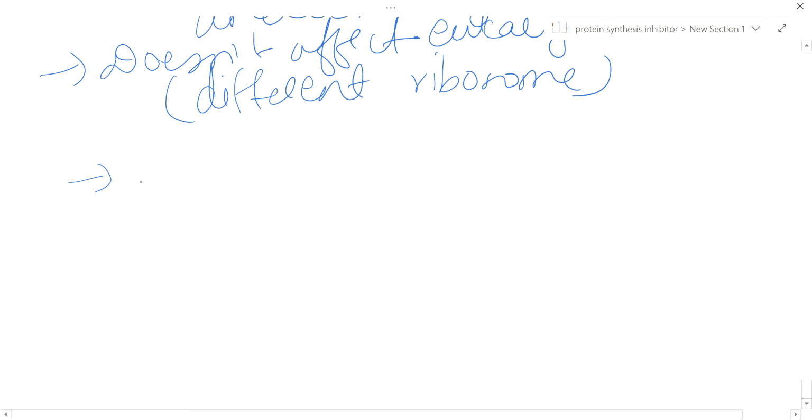And it is also not transferred into eukaryotic cells.